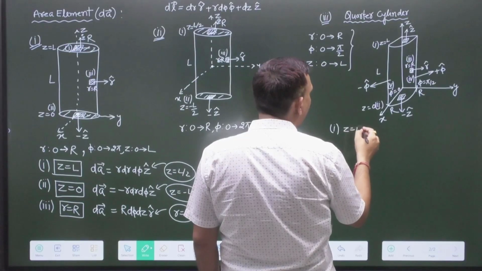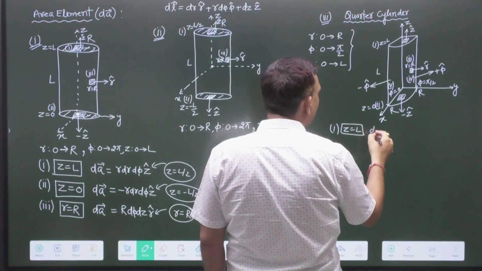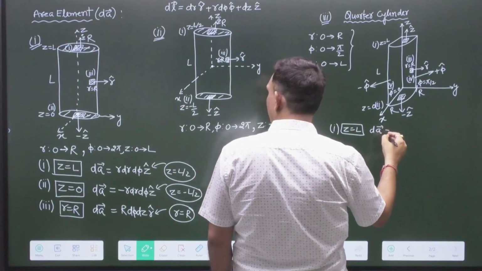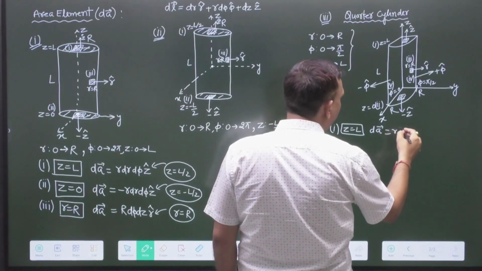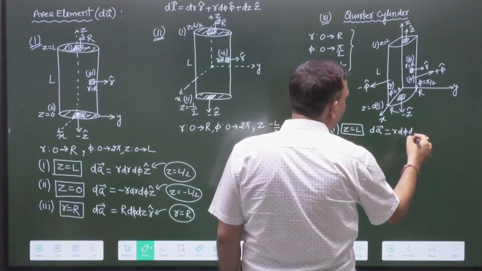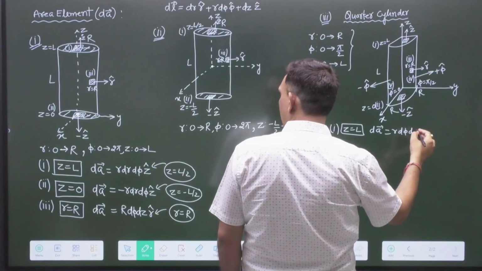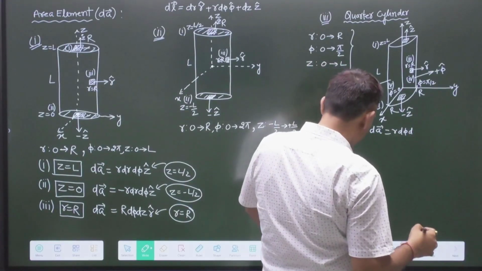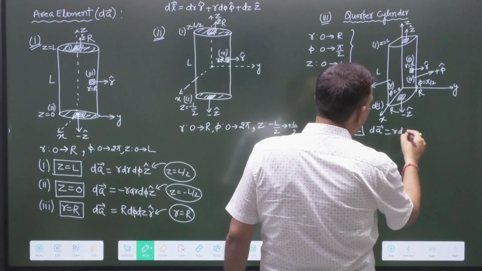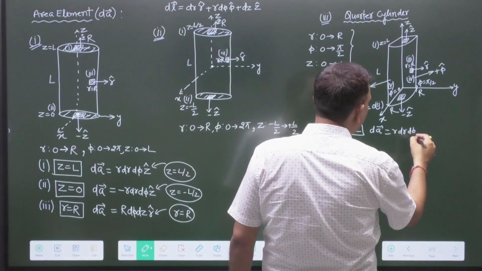Z is equal to L. What will be dA? This is R dr d phi Z cap.